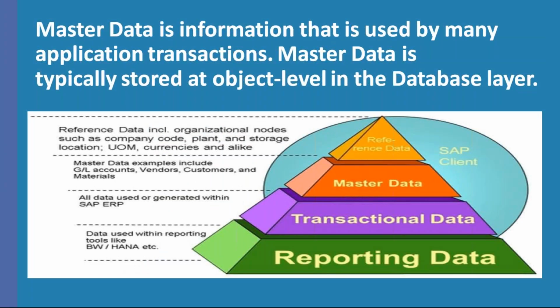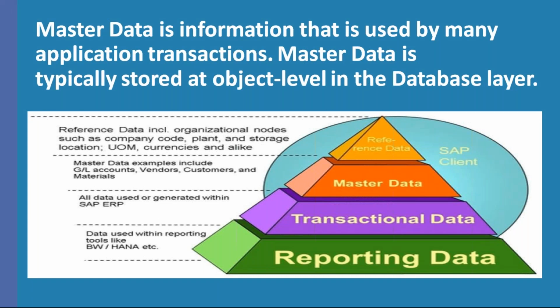And then we have different types of data. One is reference data, as I was telling, like unit of measure, material type, material group, payment terms, payment method, company code, purchase org, plant details. These are all different reference data.